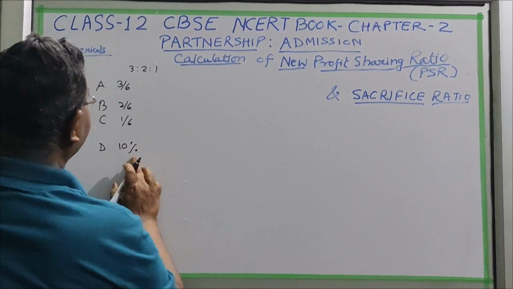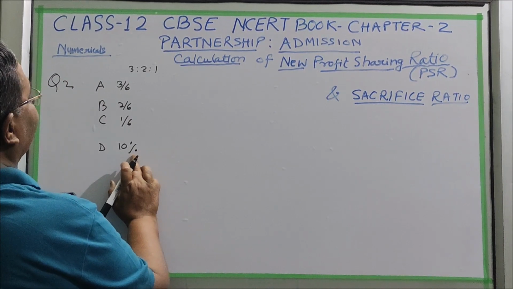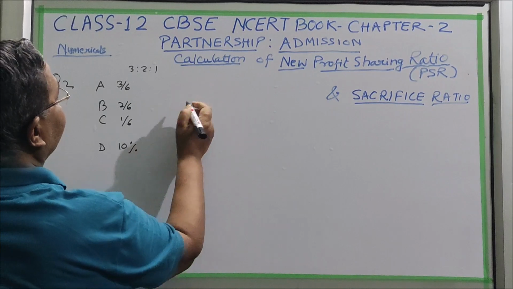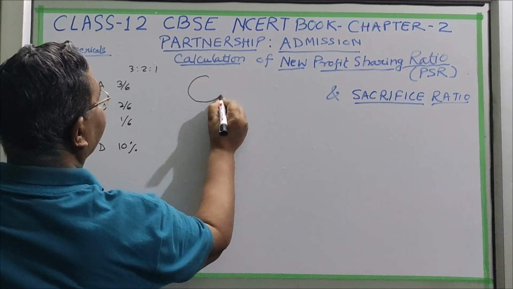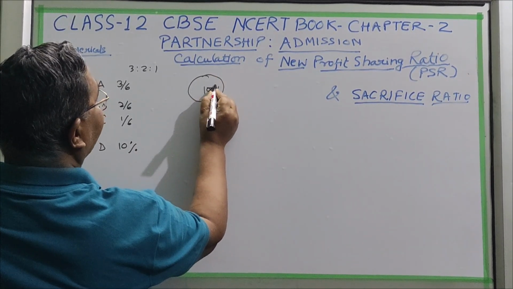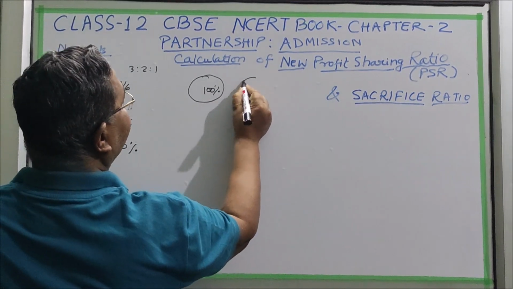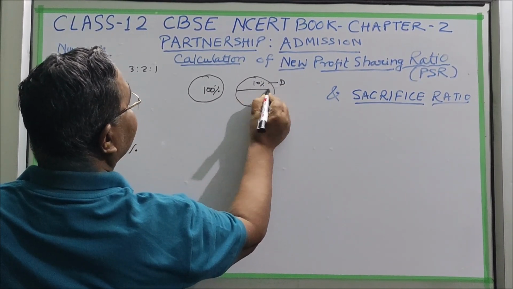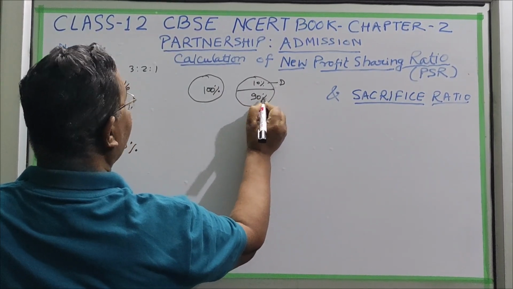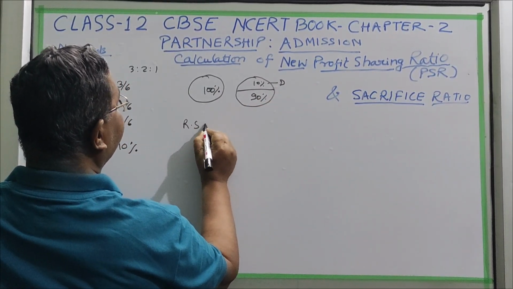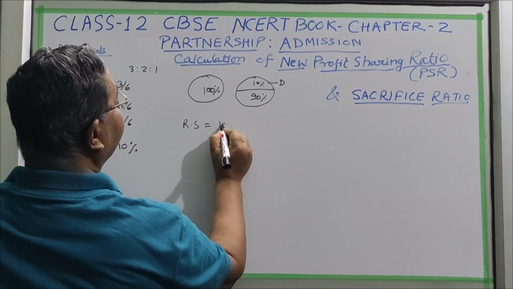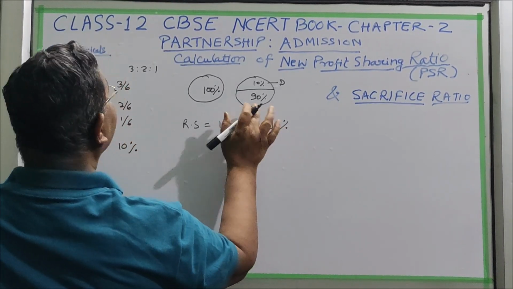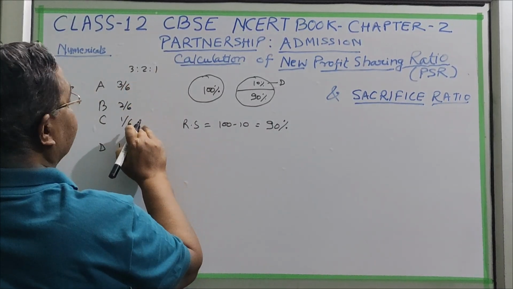When it is percentage-wise, what will we do? D is coming for 10%. Always the profit will be 100%. Out of this 100, 10% is taken by D. How much is remaining? 90% is remaining, so remaining share is 100 minus 10 equal to 90%. This 90% will be divided among these three.